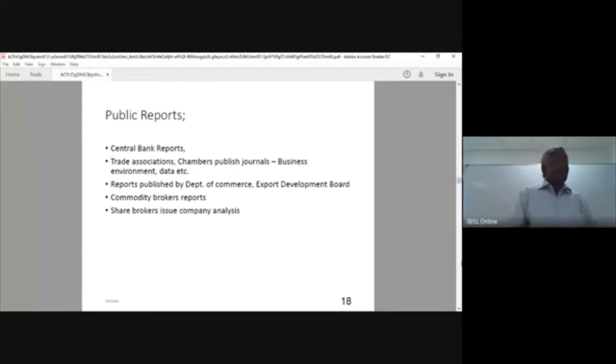Then the public reports also give information about the industries where your customer is operating. One is the Central Bank report. The Central Bank on and off publishes reports. They do the analysis, collect the information and publish reports on various sectors, various industries.